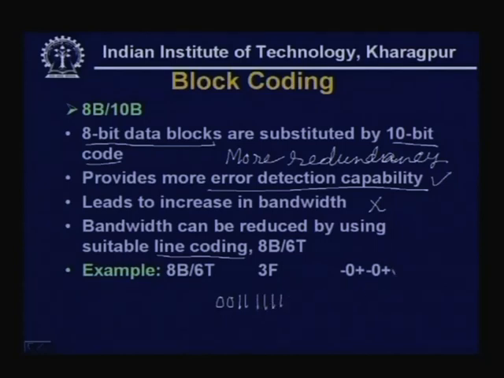Now, while doing the encoding you are not generating 8 bits, but you are generating 6 values for transmission: negative, 0, positive, negative, 0, then positive. So, you are generating 6 symbols during transmission. Obviously, the bandwidth of this will be less compared to 8-bit signals. Here is the advantage of this line coding. It reduces the bandwidth, but at the same time it provides higher redundancy, higher error detection capability, and also synchronization.